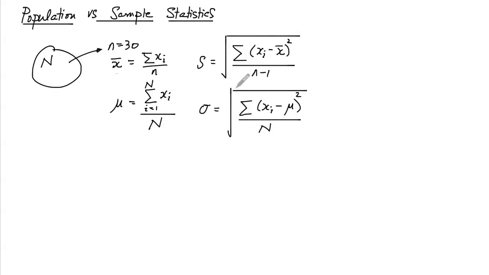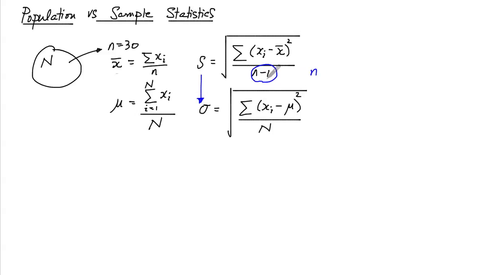The reason why in the sample standard deviation we divide by n minus 1 instead of simply dividing by n is to take into account the fact that S always underestimates sigma, or there's a tendency for S to underestimate sigma, especially so if your sample size is small. So to take into account the potential of underestimating sigma, we make this adjustment by dividing by a smaller number, n minus 1, instead of a slightly bigger number, n.